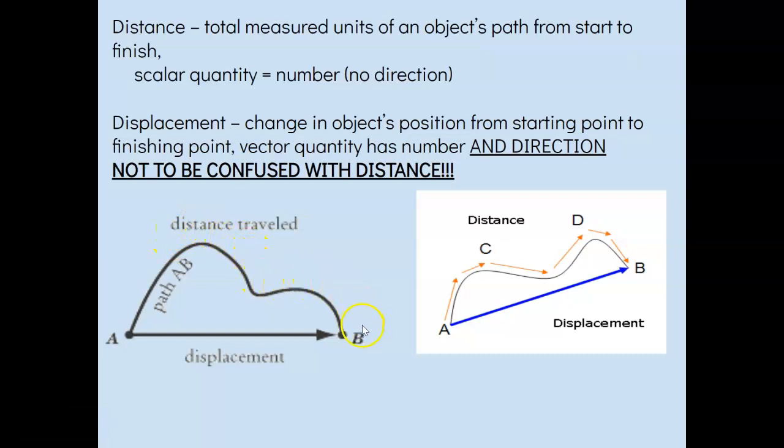So if we're looking as we're walking along here, maybe we're taking a walk and we're winding through some woods, your distance is going to be longer than your displacement because your displacement is just the change in position. So even though it might have taken you a while and you had to wander along this path, your total displacement from your starting point might not actually be that great of a distance or great of a value.